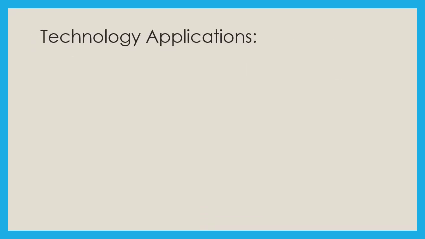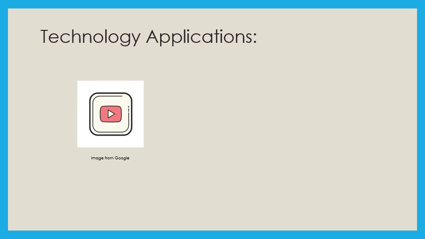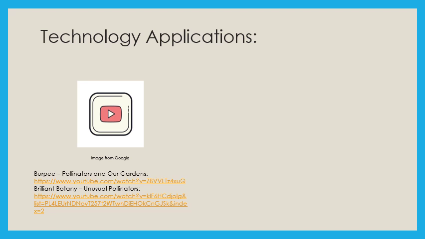So this is how we're going to use some technology with what we're doing. We're going to go on YouTube and watch a couple of short videos about pollinating and how different animals help with pollinating, just so we can see what animals outside of our neighborhood do this as well, so we can see how it's done in other places.